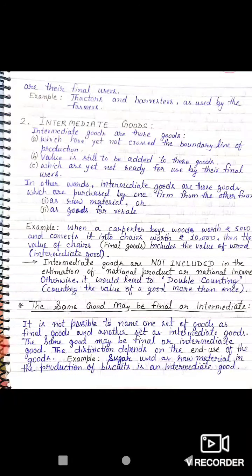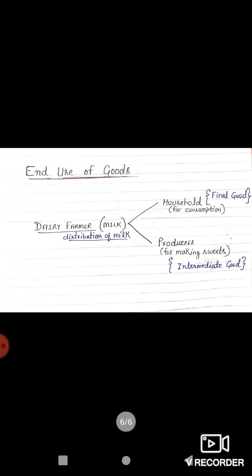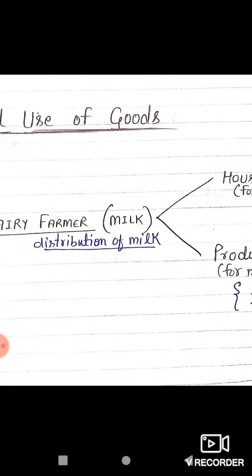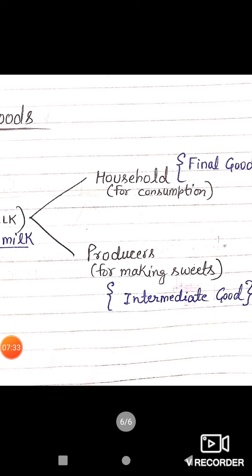For example, look here, a dairy farmer is there, distributing milk to households and producers. See, the same thing, milk, is distributed to households and also to producers. But for households, this milk is a what? A final good. Why? Because they are consuming it directly, for their own consumption only.